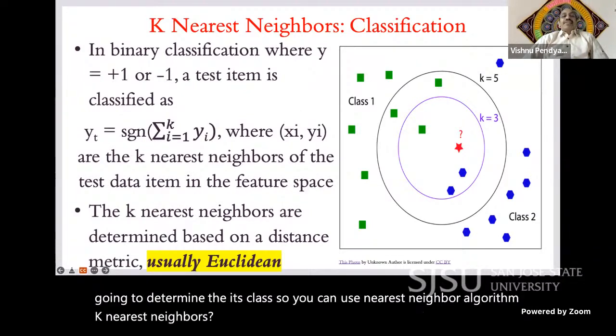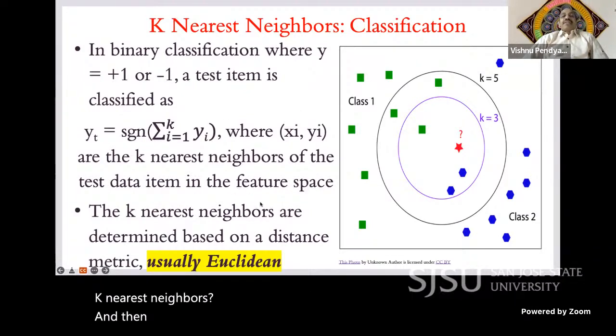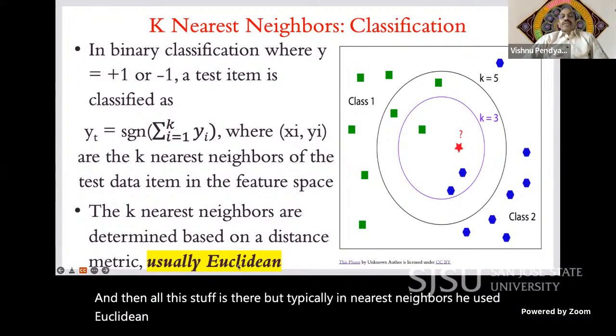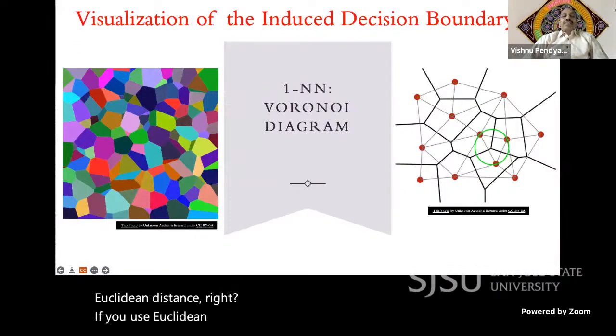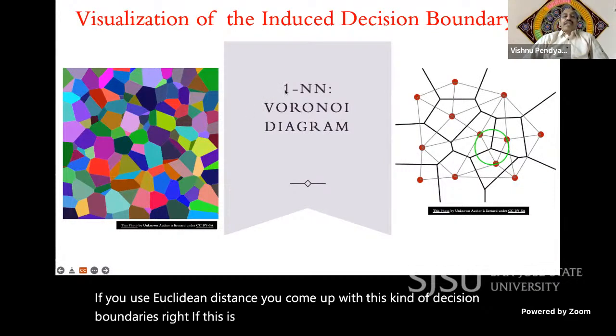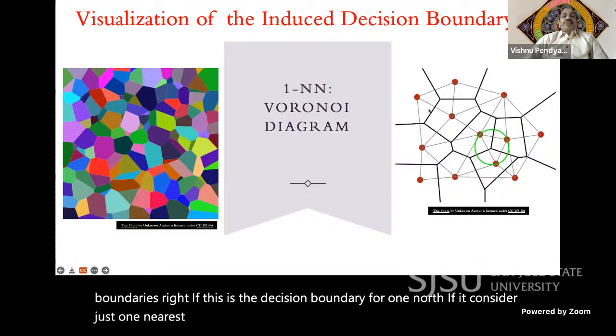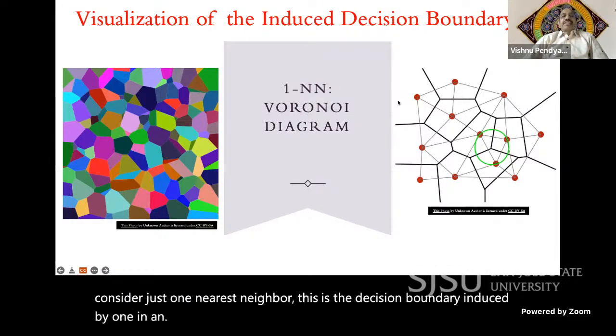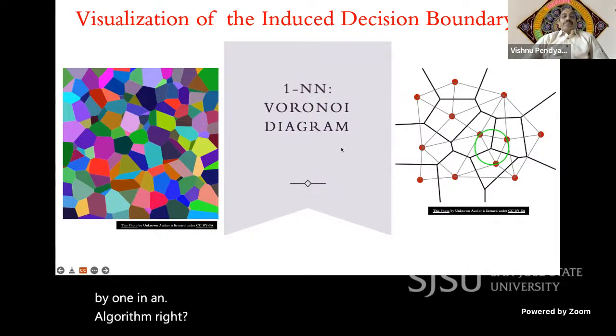But typically in k nearest neighbors, you use Euclidean distance, right? If you use Euclidean distance, you come up with this kind of decision boundaries, right? This is the decision boundary for 1NN. If it considers just one nearest neighbor, this is the decision boundary induced by a 1NN algorithm, right? It's called Voronoi diagram.